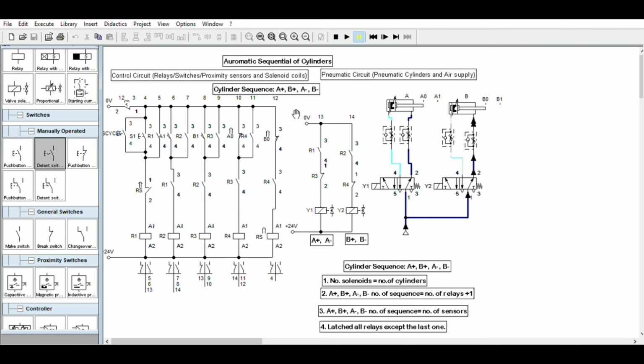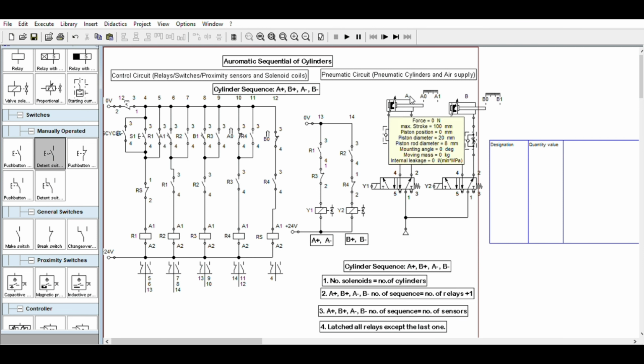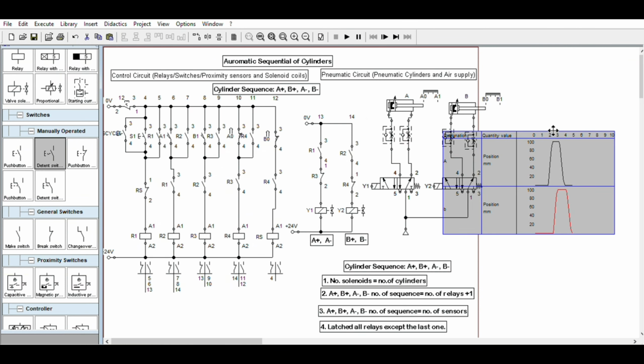If we want to add the state diagram, you can make also this one for the function diagram.